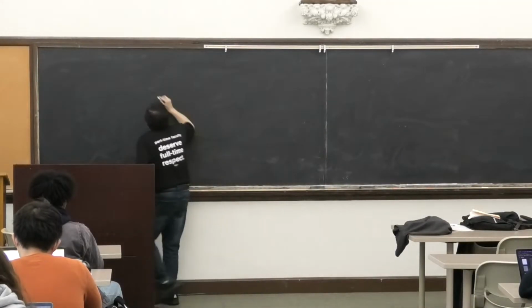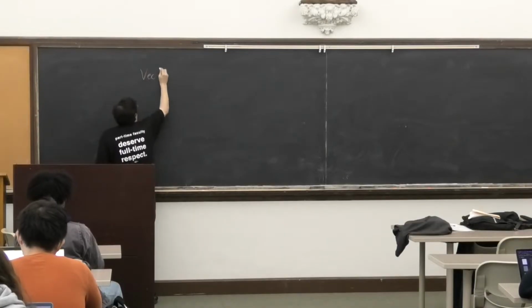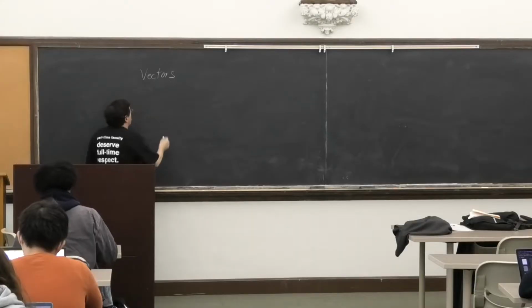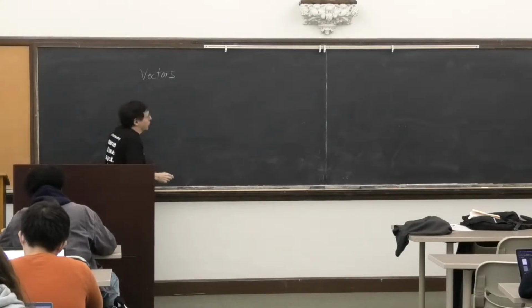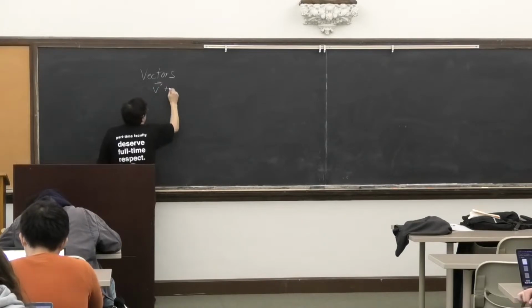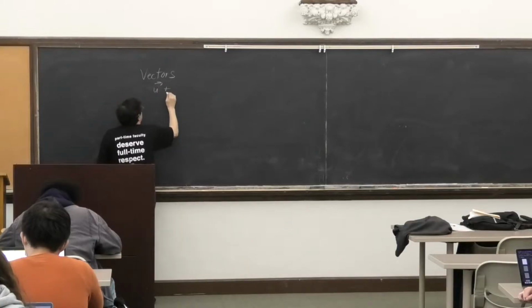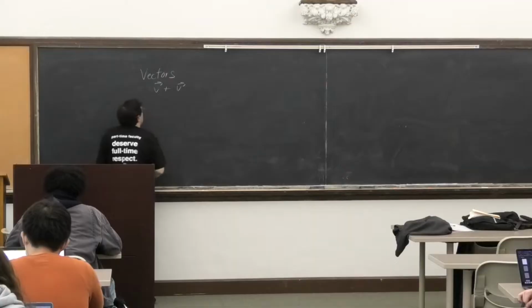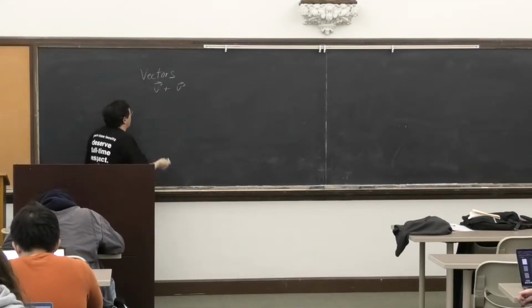Okay, so we were talking about vectors, and we saw that there are a bunch of things you can do with vectors. You can add 2 vectors, call them V and U. You can multiply a vector by a constant.